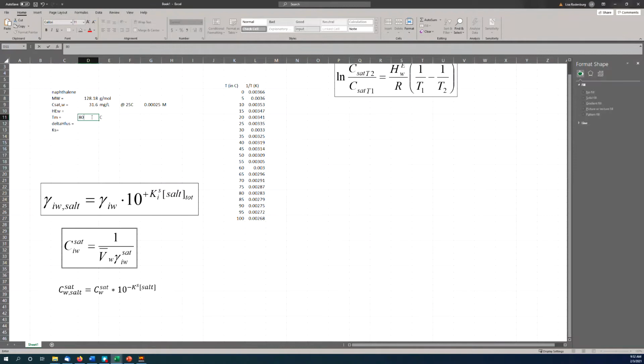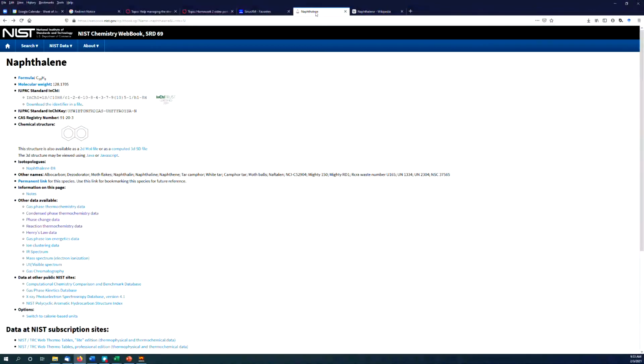And now you can see why I've chosen naphthalene, because it has a melting point between 0 and 100 degrees Celsius. So we're going to have to think about that when we do our plot here. Delta H of fusion, I was able to find here on the NIST webbook. I looked up naphthalene, and here's my phase change data.